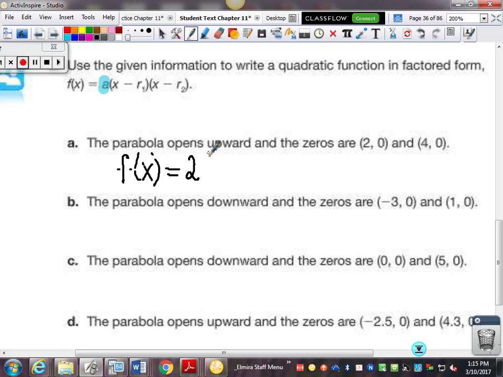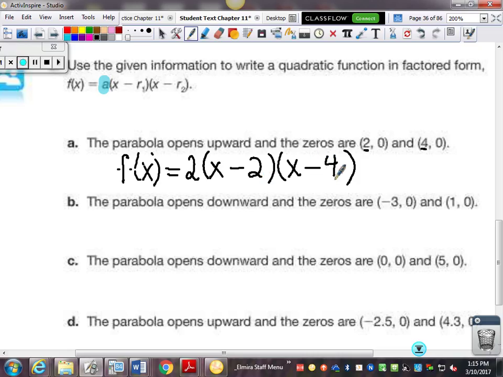In factored form, we have two sets of parentheses, x and x, and we're paying attention to the x coordinates because the y coordinates are zeros. That's a positive 2, so the formula says we use a subtraction sign, so minus 2.